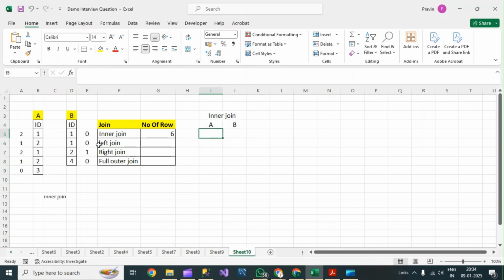So what is the output for the inner join? 1 1 is there. First 1 1, then again 1 1, okay, 1 1.